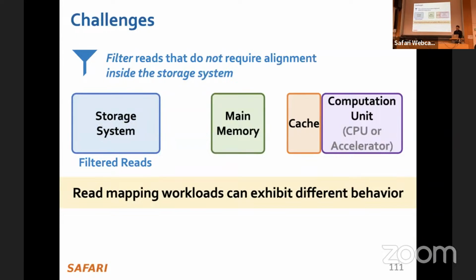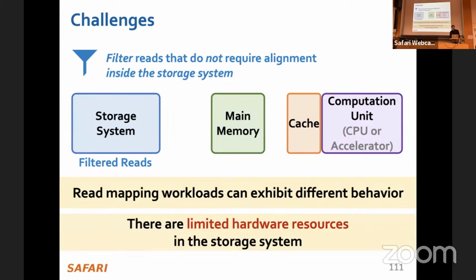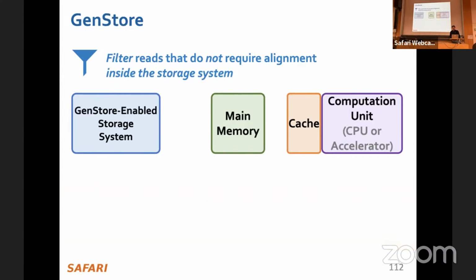But of course, there are challenges. One is read mapping workflows exhibit different behavior given different technologies, different genomes. So how do you design hardware that is flexible enough? Also, as I said, there are limited hardware resources. So how do you utilize these resources efficiently so that you do the computation that you need to do in the SSD in an effective way?